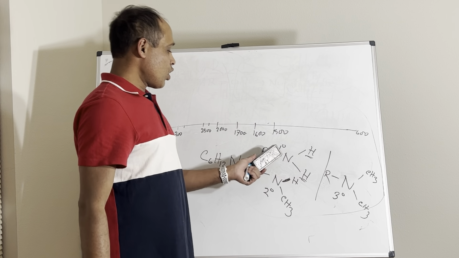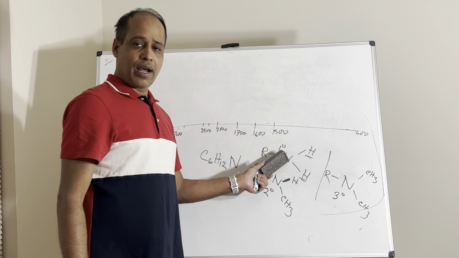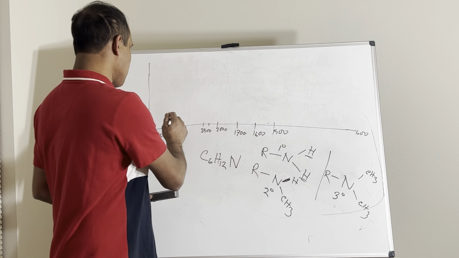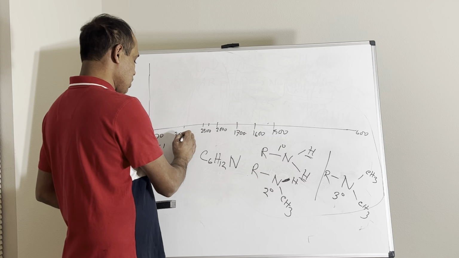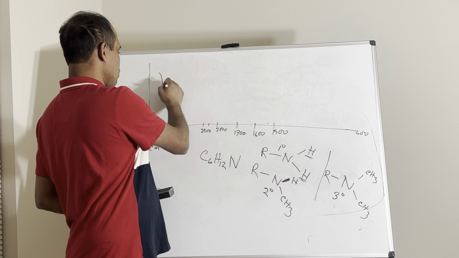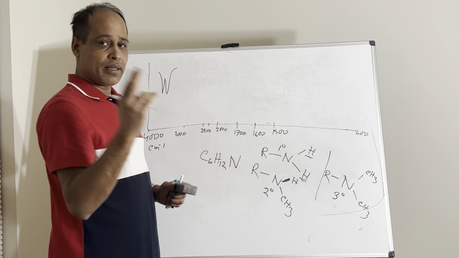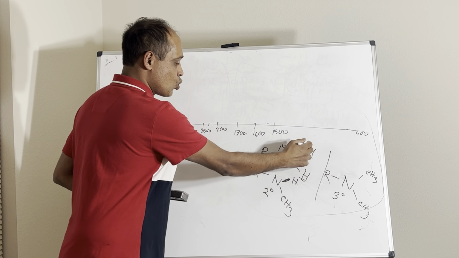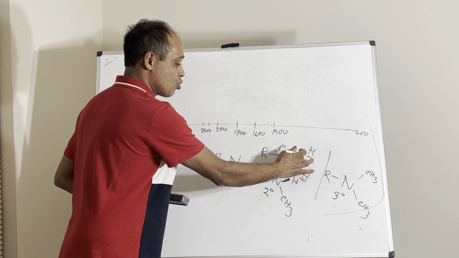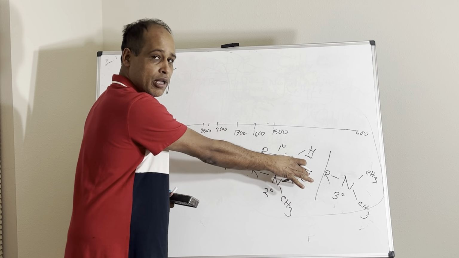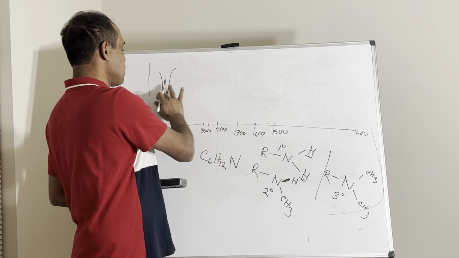For the 1 degree amine, you will always see, above 3000, 2 narrow bands for the primary amine. Remember that a primary amine has 2 hydrogens, N-H and N-H, so that will give one stretching, and that will give another stretching. That's why it is 2.